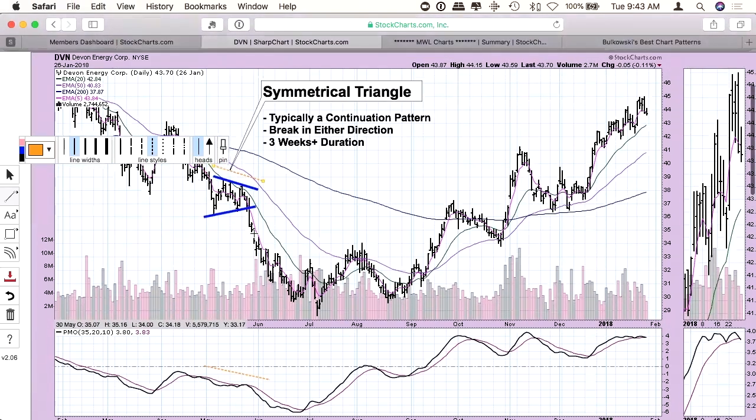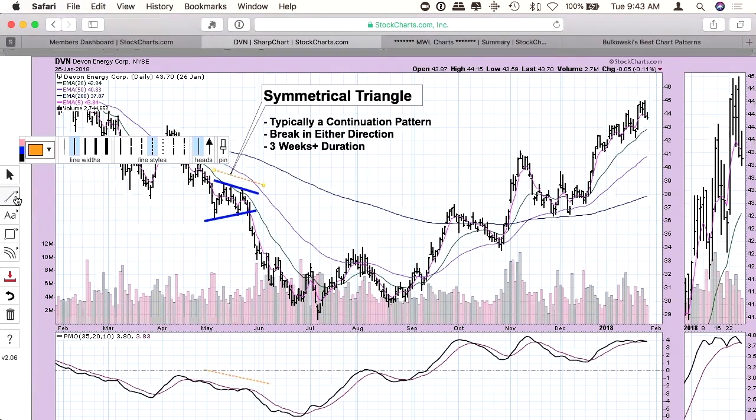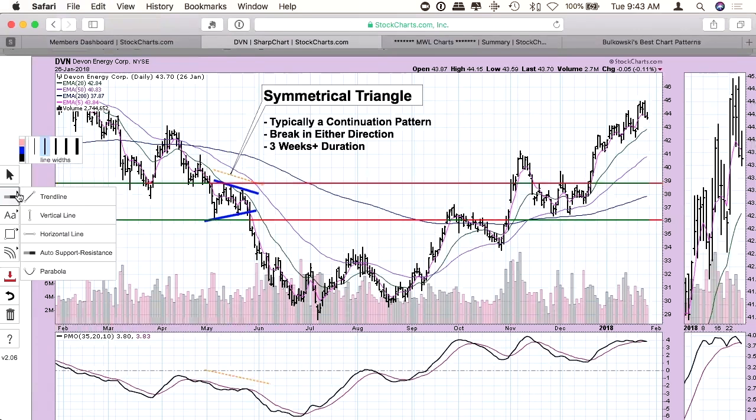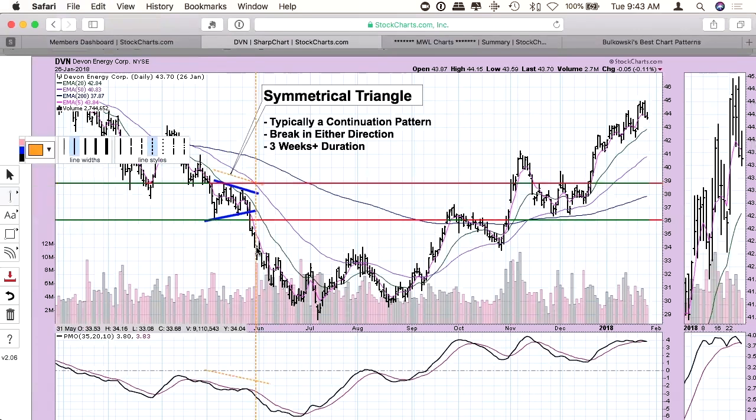All right, get to where we can see it. Okay, length of the pattern. There we go. So our downside, if we're going for that with a big, huge breakdown below that symmetrical triangle, that would be your opportunity. All right.